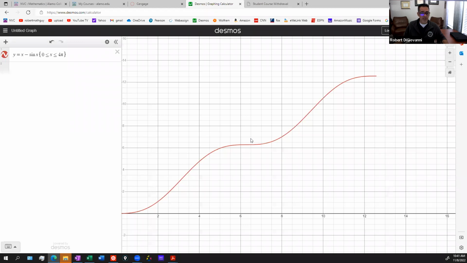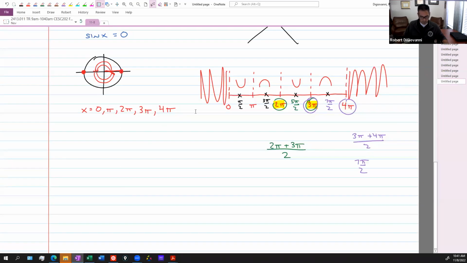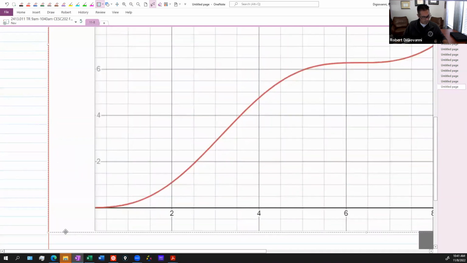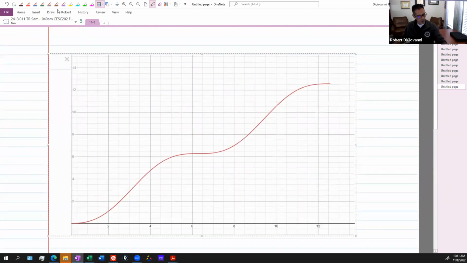It's always increasing. We knew that when we did the first derivative. We said it's always increasing, never decreasing.